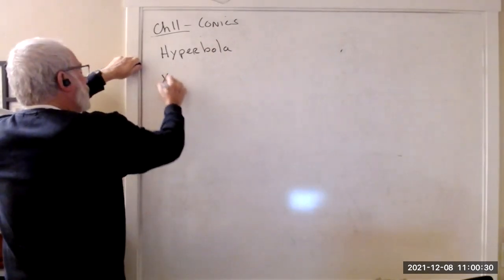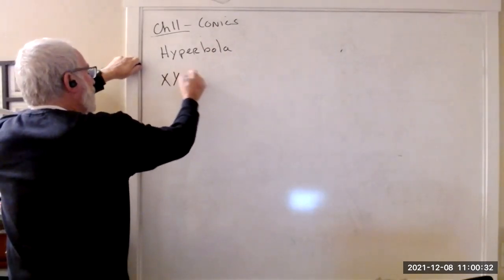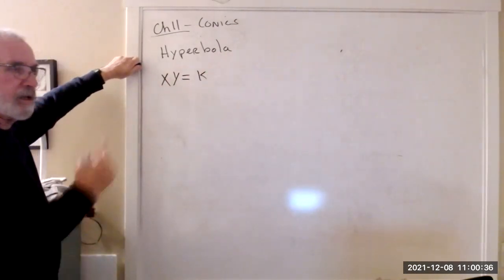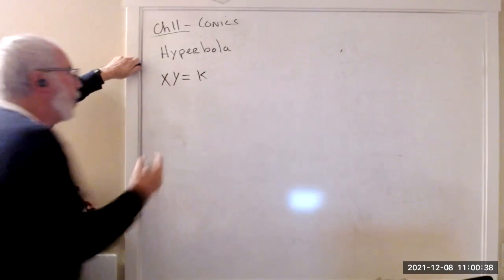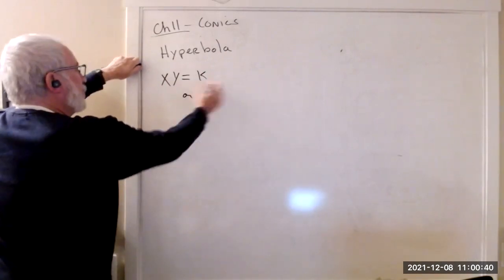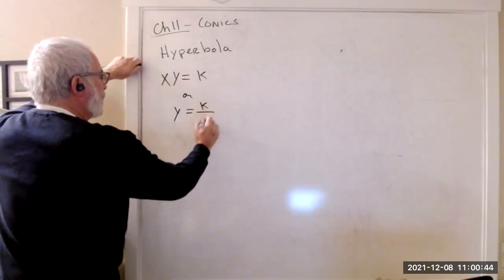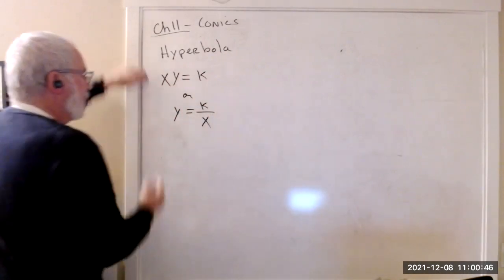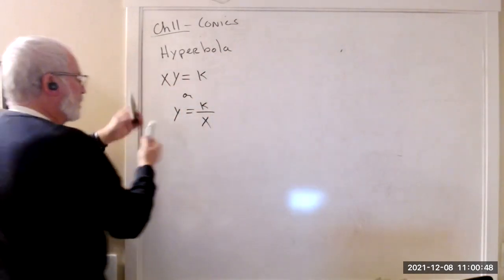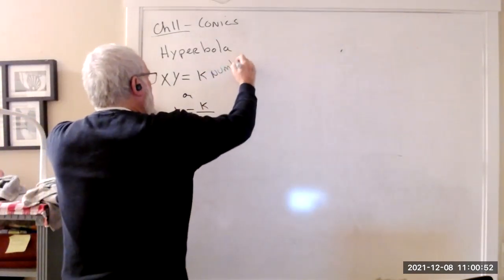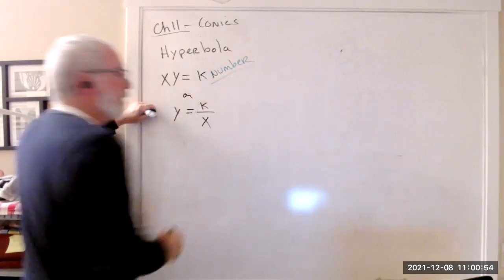And that's written as xy equals k, where k is some number, or if you divide both sides by x, y equals k divided by x. And again, k is just some number. K stands for some dumb number.